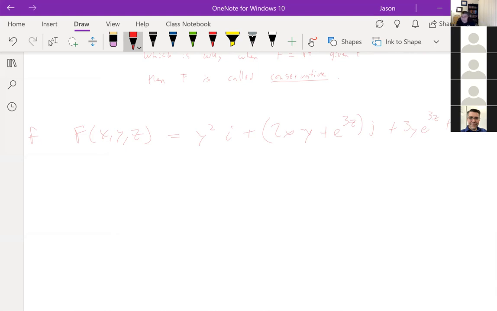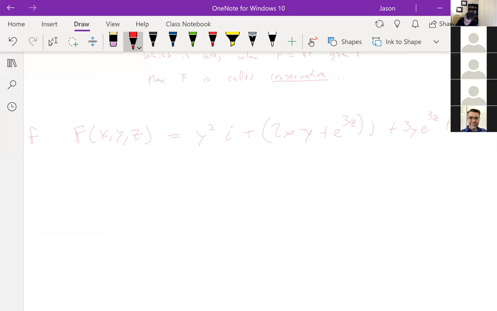So we have this guy in 3 dimensions. I'm not going to ask you if this is conservative. We'll do that later, because I haven't set up how to do conservation for 3 dimensions, and that doesn't come until Monday, when we talk about Green's theorem in 3 dimensions. But I'm just going to tell you that this is conservative.